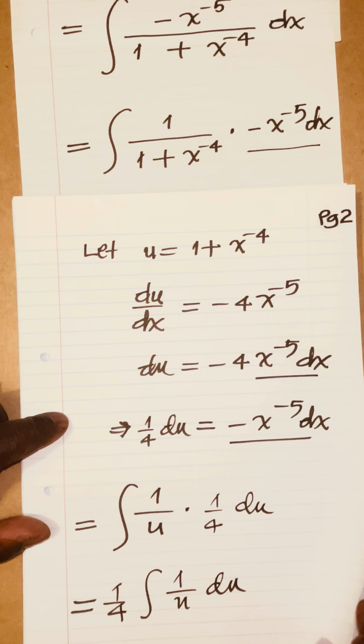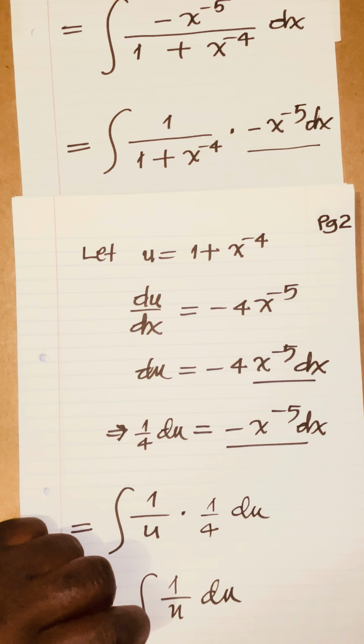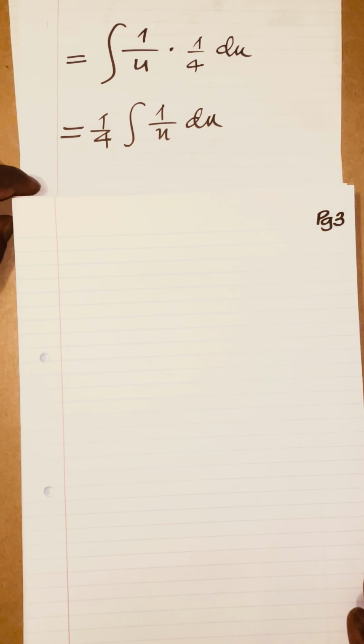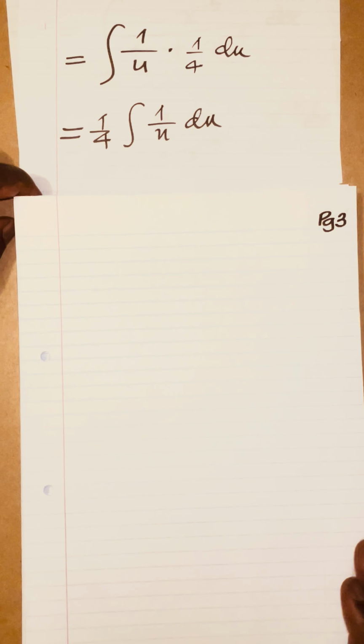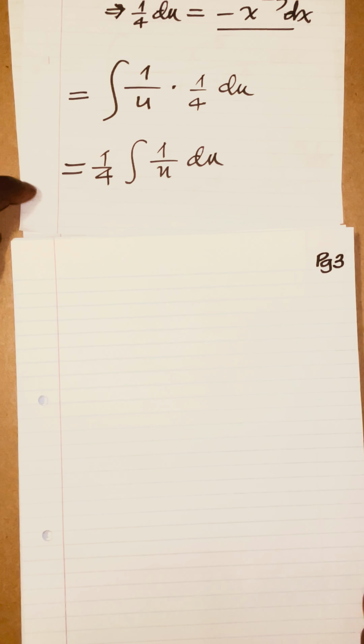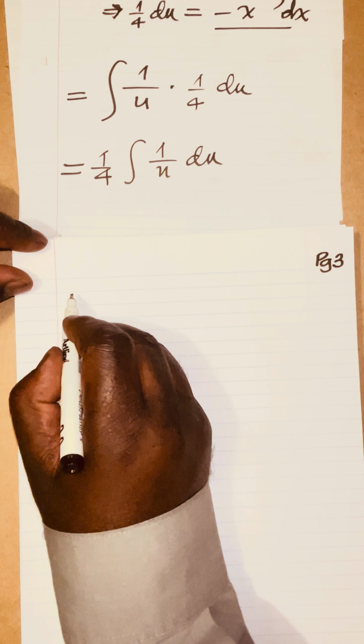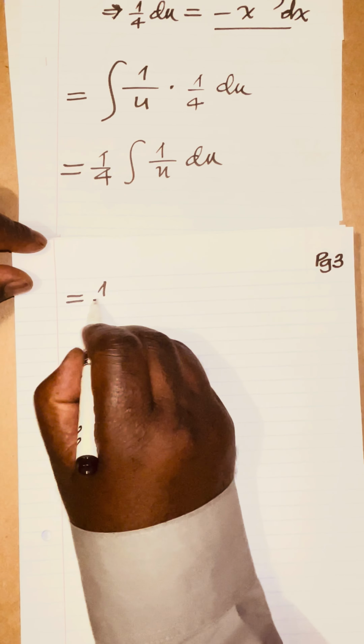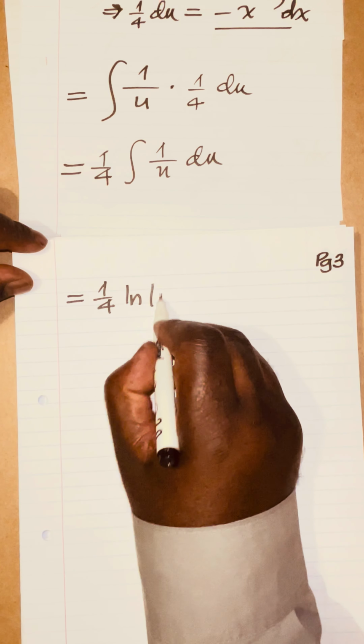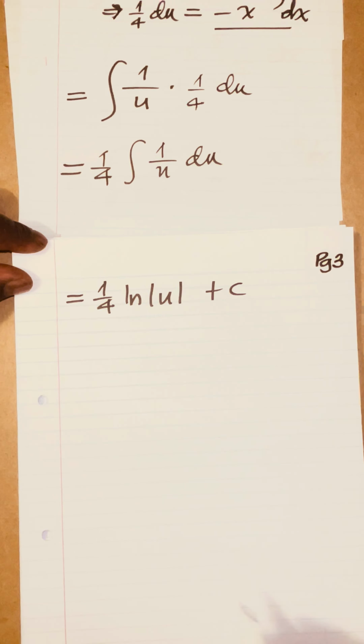Now you agree with me that this is just a quarter of the natural log of u, and then plus the constant of integration. So our final solution, of course we have to revert to our original variable, but we are saying basically that this is now the same as a quarter of the natural log of u, and then we have to say plus constant of integration.